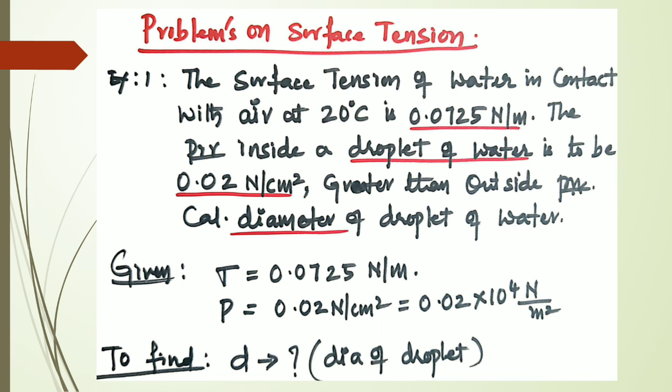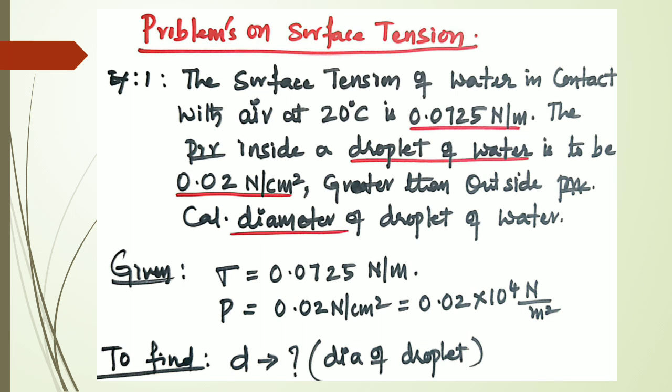Then the pressure inside a droplet of water. Now understand this. There are three cases I told you in surface tension. One is a liquid droplet, one is a hollow bubble or soap bubble, and one is a liquid jet. So this problem is based upon which case? That is the liquid droplet, or droplet of water. So the pressure inside a liquid droplet is 0.02 Newton per centimeter square.